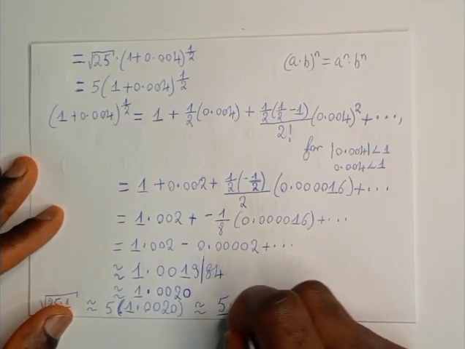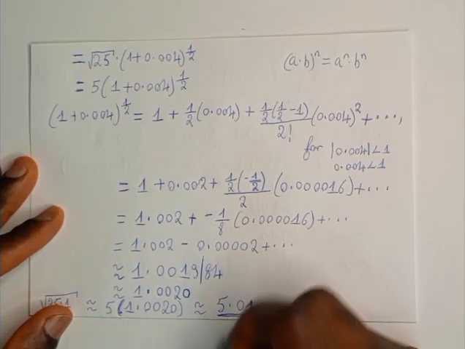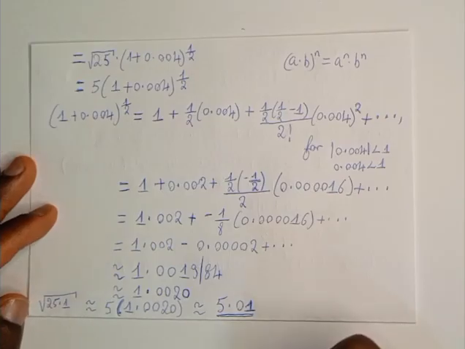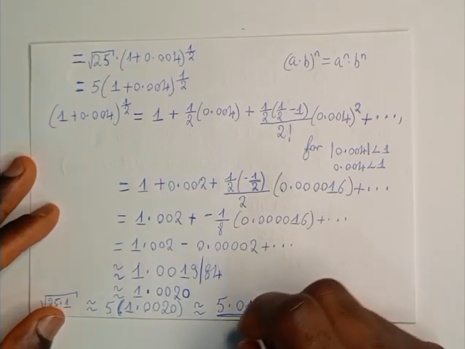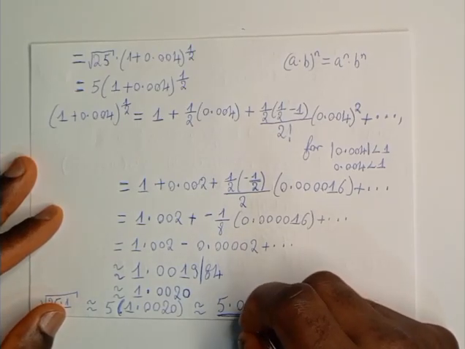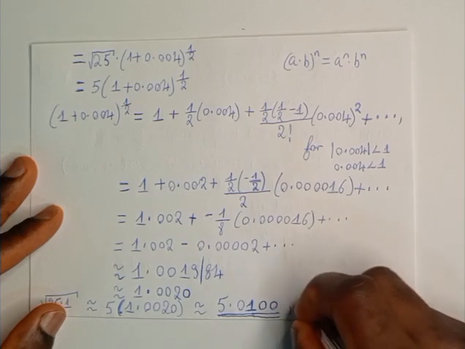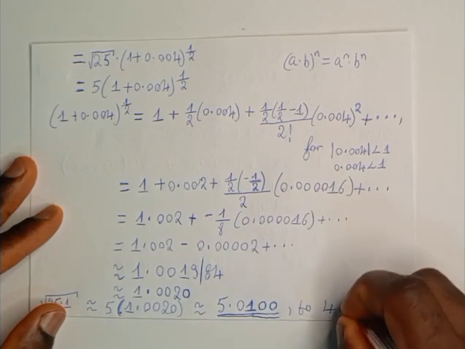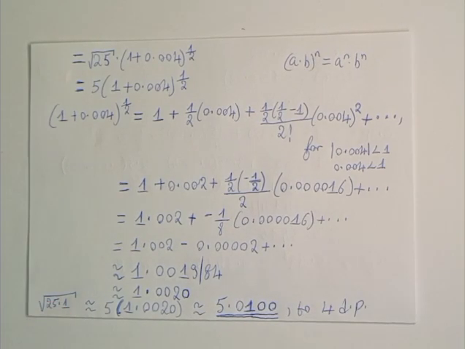So this is the estimated square root of the number 25.1. So to 4 decimal places, we are going to attach 2 zeros, to 4 dp. We are done with the solution.